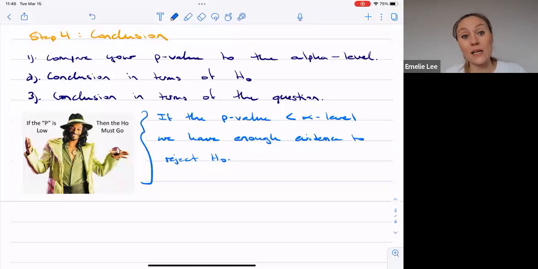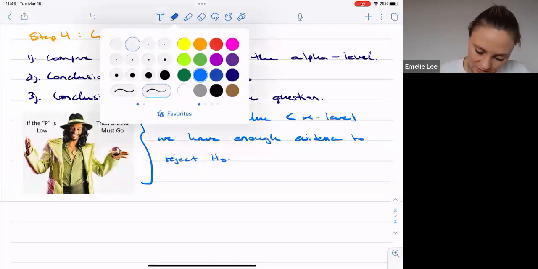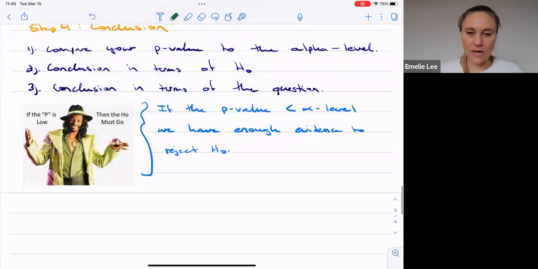Right? Whereas if the p-value is not, now I just like to negate it. So if the p-value is not less than the alpha level, we do not have enough evidence to reject H0.